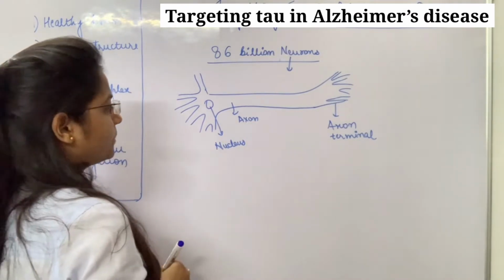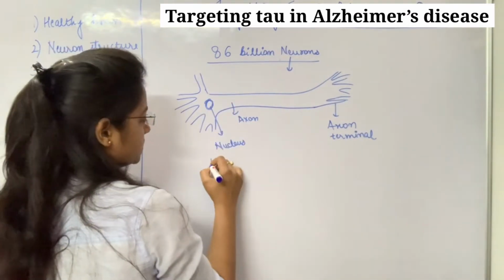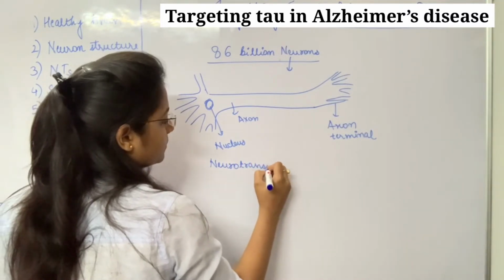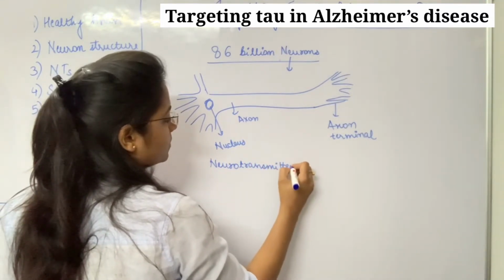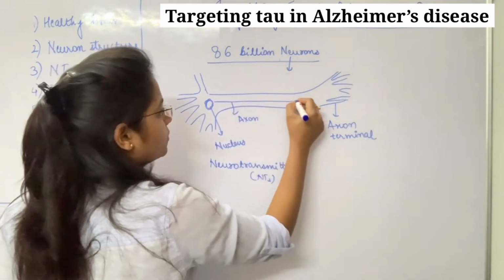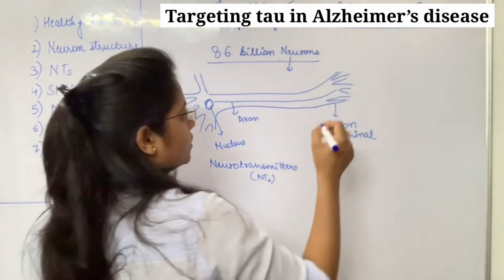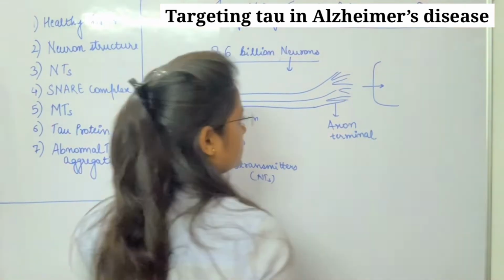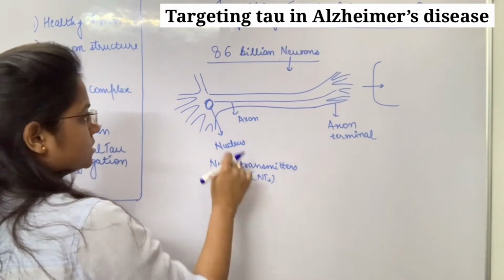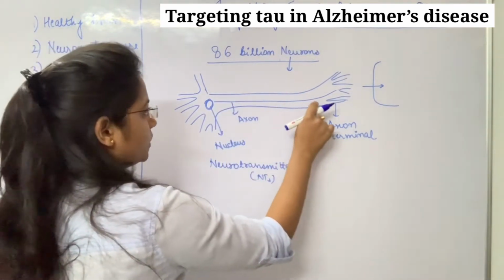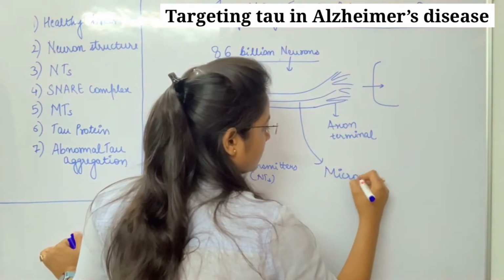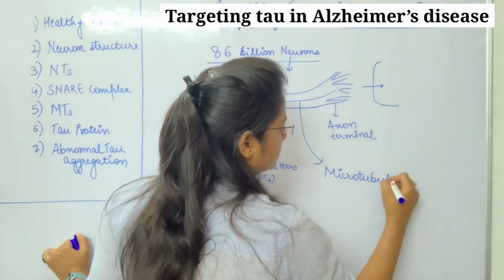Now what happens here is this nucleus produces neurotransmitters. These neurotransmitters are to be transported to this end to transfer the signal to the next neuron. So these neurotransmitters travel through here via microtubules.